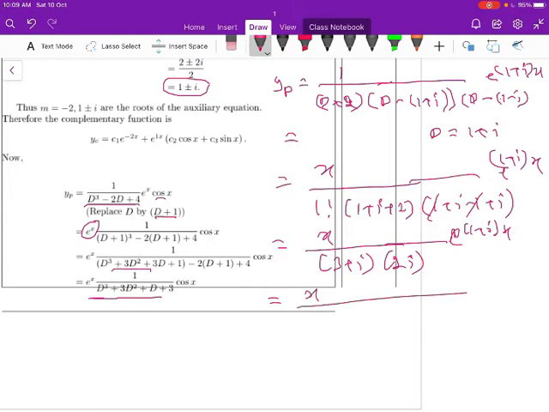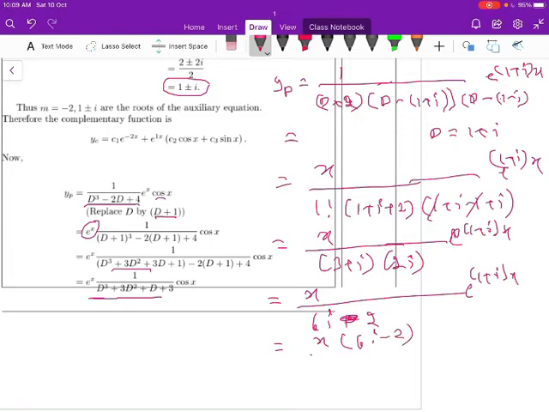x by, let us multiply 3 plus i with 2i. 3 into 2i is 6i, 2i square, that is minus 2, into e to the power of (1 plus i) into x. So this can be written as x multiplied by the conjugate of this, because the denominator should not be complex.